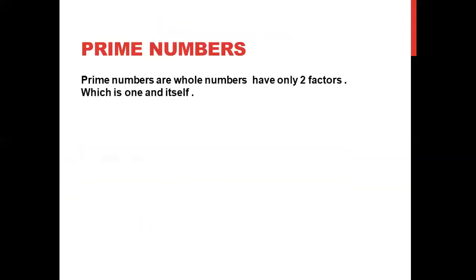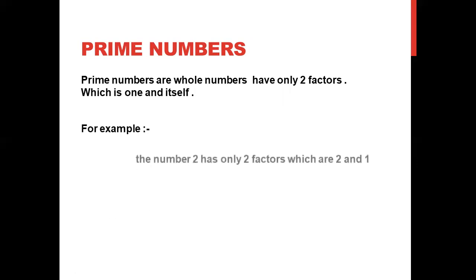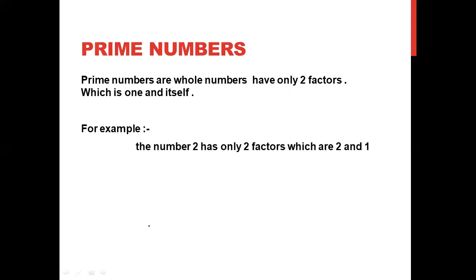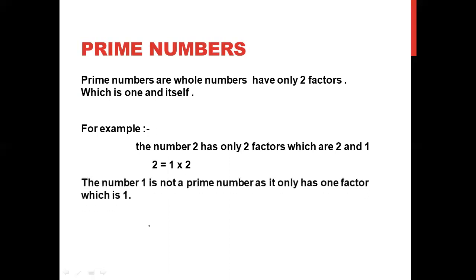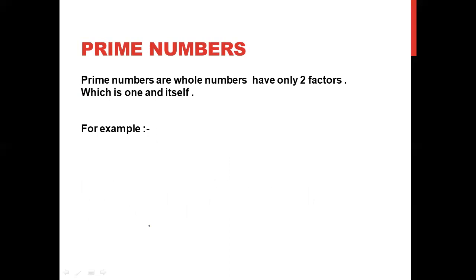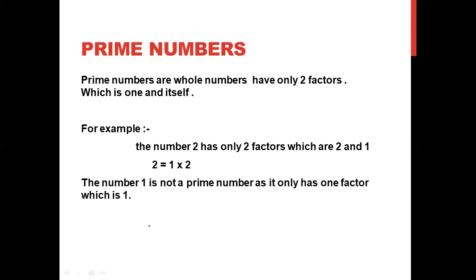As we said before, 2 has only two factors, which are 2 and 1. And the number 1 is not a prime number. As we know, the criterion for a prime number is a whole number that has only two factors.